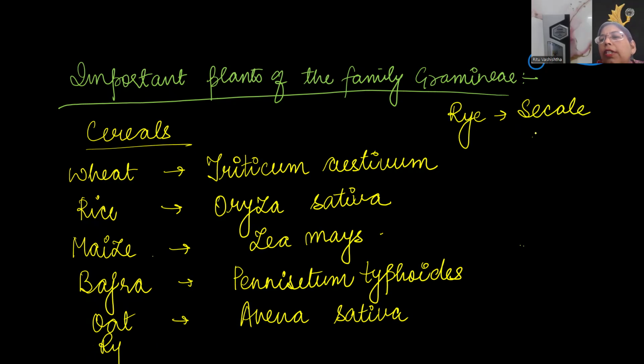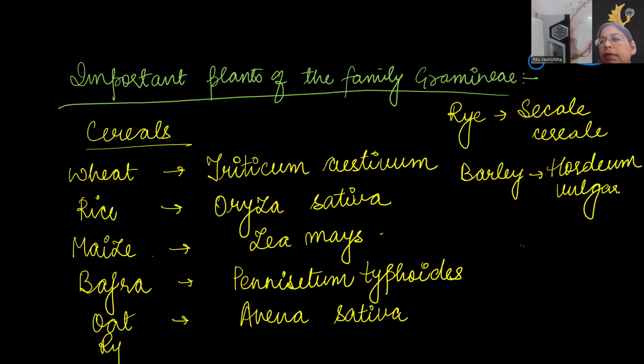And in all these you will find, we will write the generic name in capital letter and the species name in small letter. Barley, if we talk about, is Hordeum vulgare. Jowar is Sorghum vulgare.